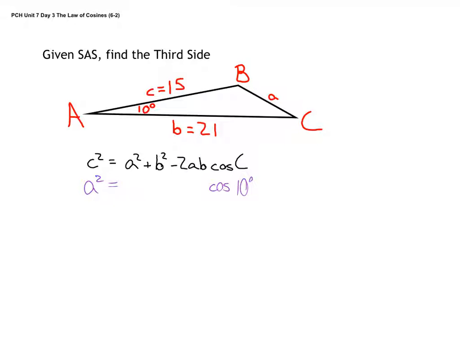The rest of this we can fill in with the 15 and 21, and it doesn't matter which one we use in which place. We get 15 squared plus 21 squared minus 2 times 15 times 21 times the cosine of 10 degrees. That's confusing though, because it's C squared and B squared, not A squared and B squared.